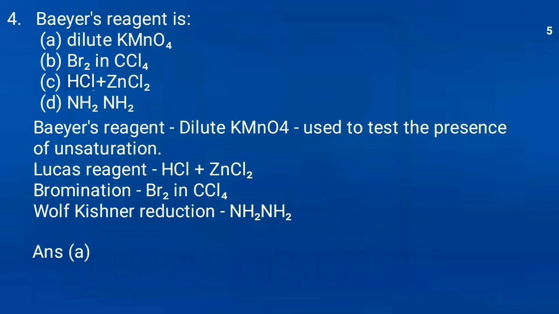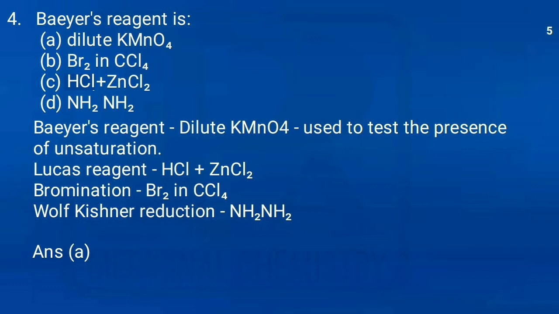And the second one we have seen, bromine in CCl4. That is used for bromination. So in the case of the bromination reaction here, what is the use of that CCl4, carbon tetrachloride? Actually that is a non-polar inert solvent. So the main purpose of use is to dissolve the reactants present in the reaction. Here in the case of bromination, first this bromine interacts with carbon tetrachloride.